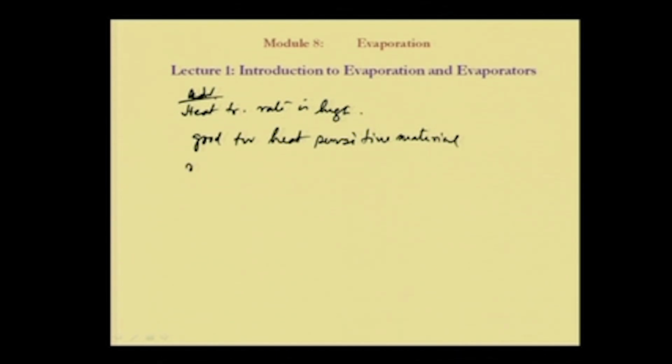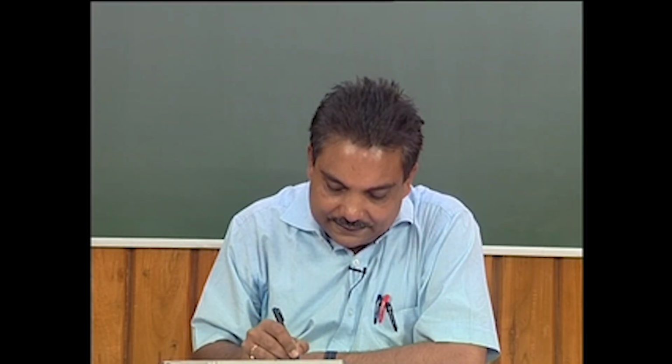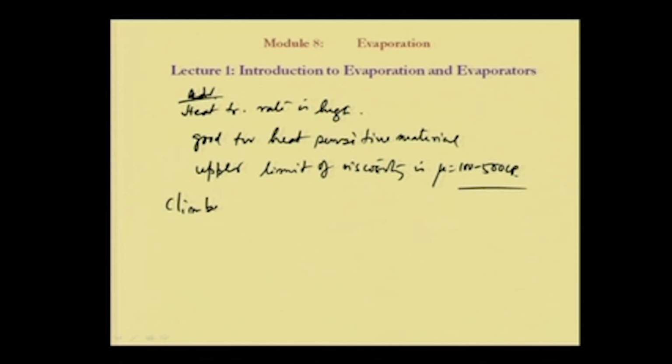And then there is an upper limit of viscosity, mu equal to 100 to 500 Cp. So, it is not good for highly viscous liquids, because in that case the film will be very thick. Then another one is the climbing film evaporator.